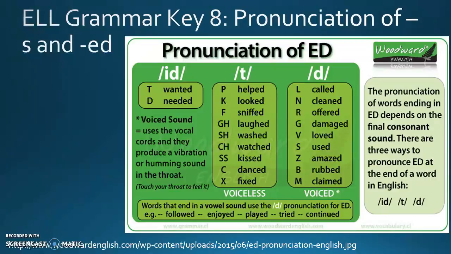On the other hand, the voiced sounds, we're going to have a D. When you pronounce the D, there's no aspiration, okay? So that will show you that you're correctly pronouncing this sound. So we have called, cleaned, offered, damaged, loved, used, amazed, rubbed, claimed.